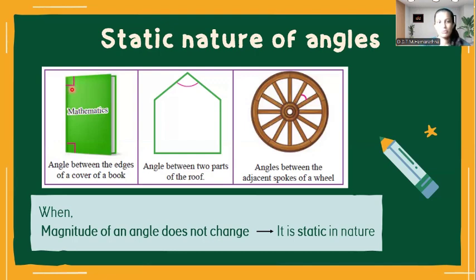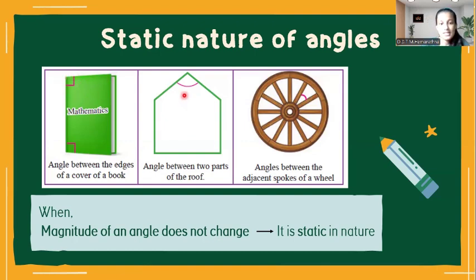When we use the book and when we are writing in the book, does this angle change? It does not change, no? So that means this angle does not change with time. When we use the book, the angle does not change. That means these are angles with static nature. This book has an angle with static nature.